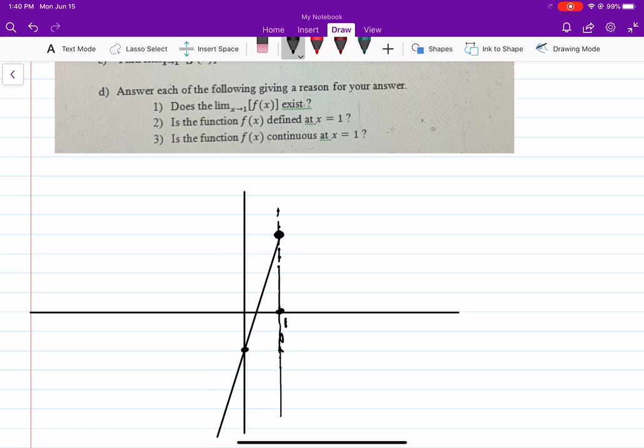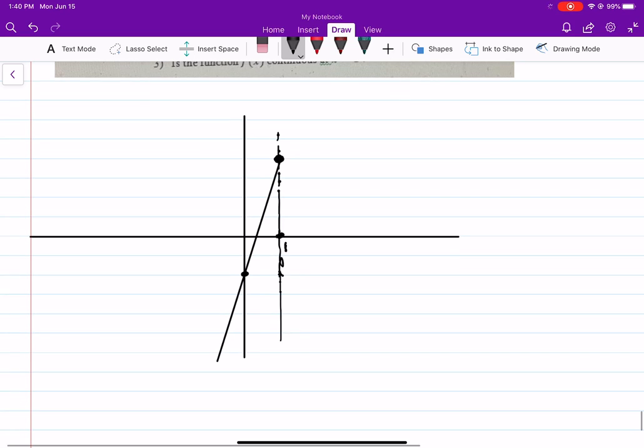Let me actually draw my lines in a different color. I'll put it in red. Good. So this is the part of the graph that exists when x is less than or equal to 1.